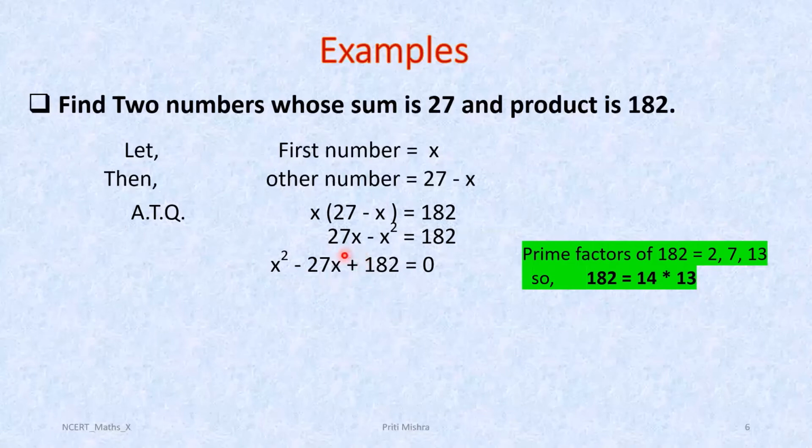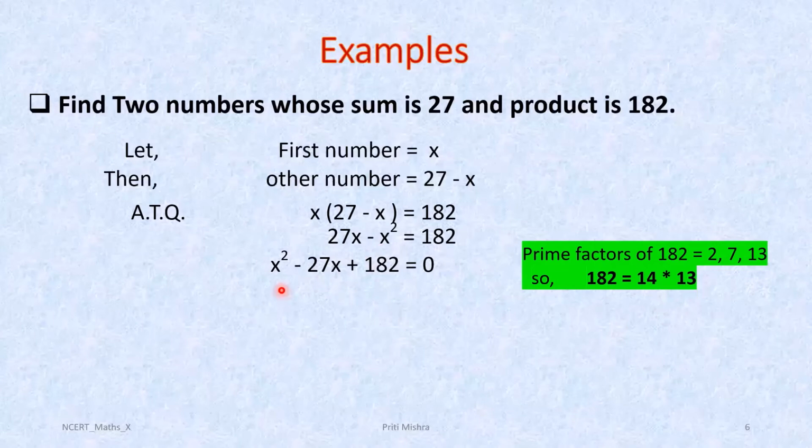Because the constant term has a positive sign, on the basis of the constant term's sign we decide whether to use the sum or the subtraction of the two factors. So here, because of this positive sign, we are looking for two factors whose sum should be 27.